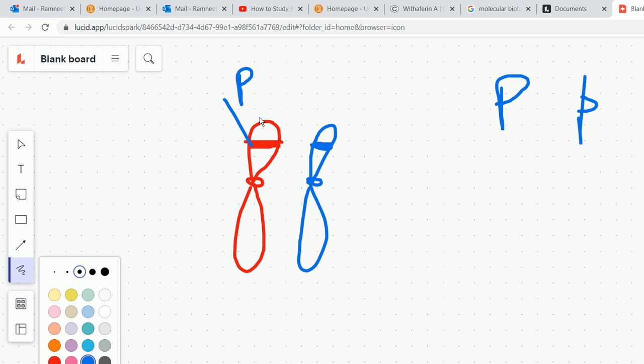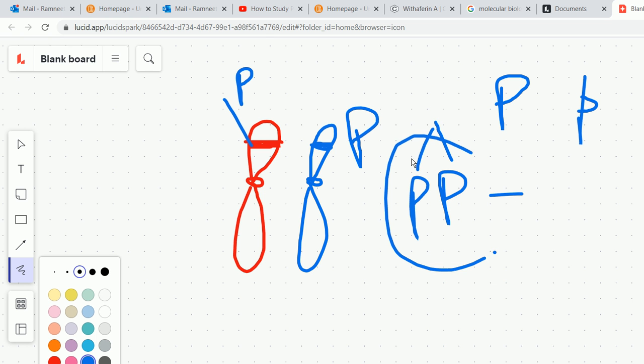And if this allele on this maternal chromosome is also capital P, then both the alleles on the two chromosomes, maternal and the paternal chromosome, are capital P and capital P. So the color of this flower will be purple because both the alleles are for the dominant character. So if both the alleles are capital P, just like here, this kind of a plant is called pure breeding plant.